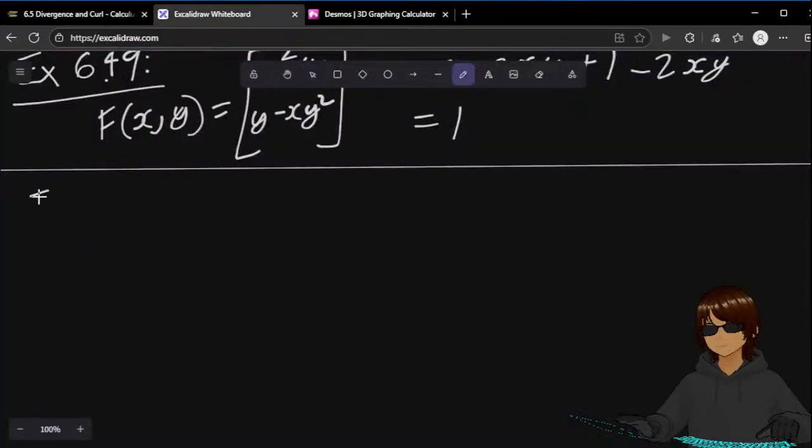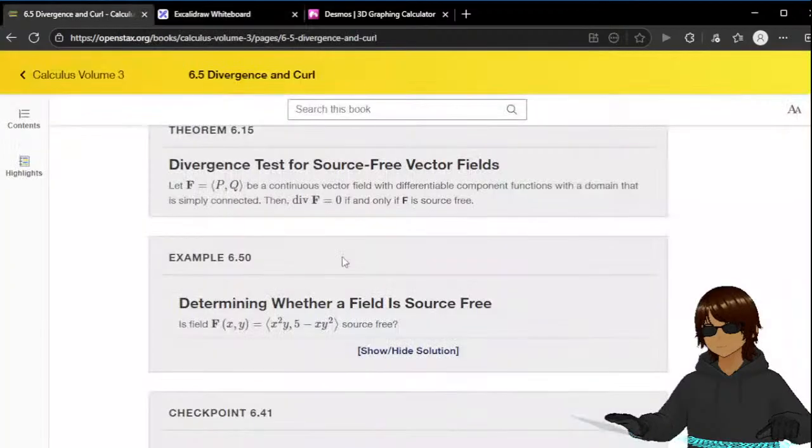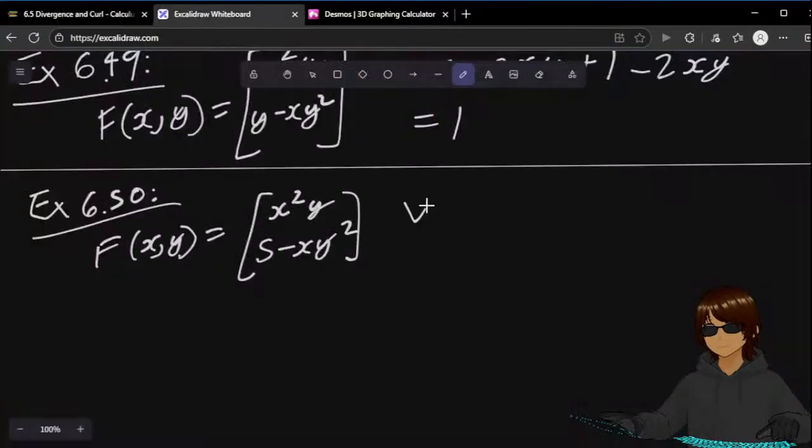Example 6.5. x squared y to the 5 minus x y squared, plus the derivative with respect to y.